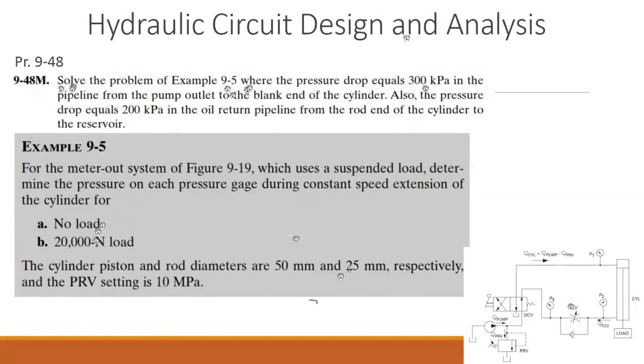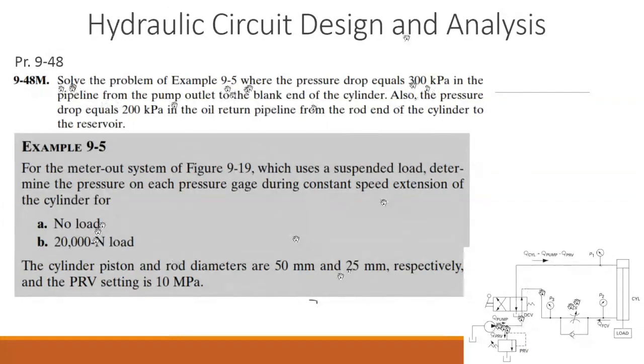where the pressure drop equals 300 kilopascal in the pipeline from the pump outlet to the blank end of the cylinder. So from here to here, the total pressure drop is given as 300 kilopascal.